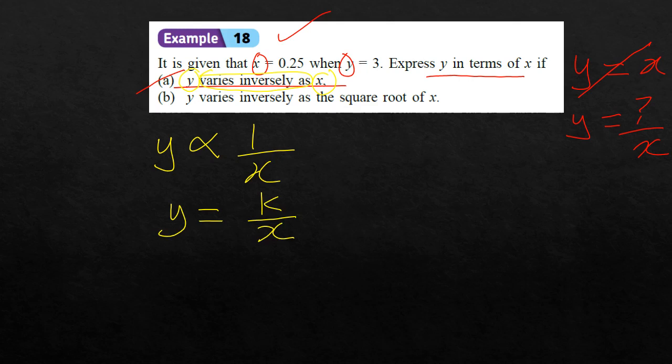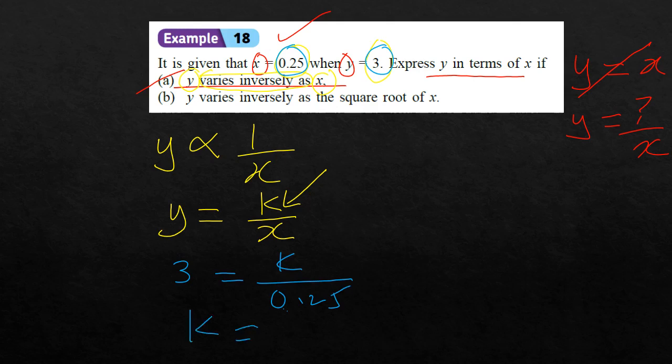Of course, you want to find what is your k first, right? So you substitute your x and your y. Your y is 3. Your x is 0.25. So you get your k equal what?